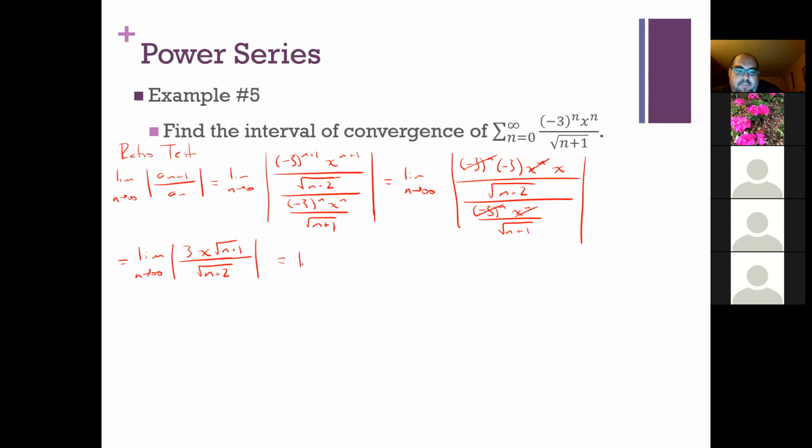I'm going to pull out the x because the limit has nothing to do with that. So do we know what this limit is going to be? Would it be 3? Yep, the limit is 3.